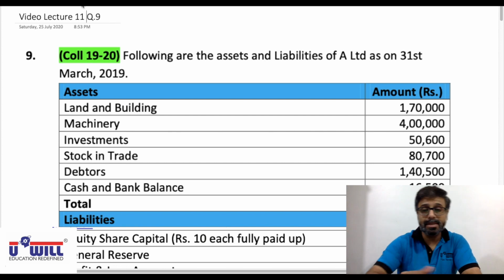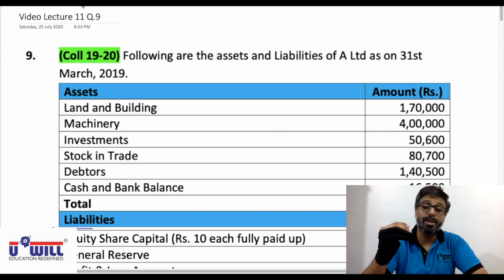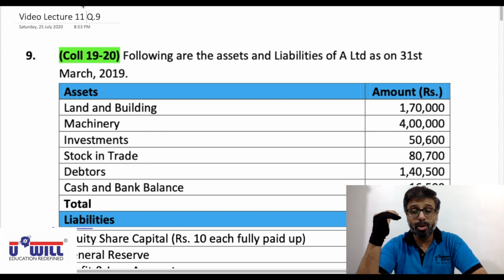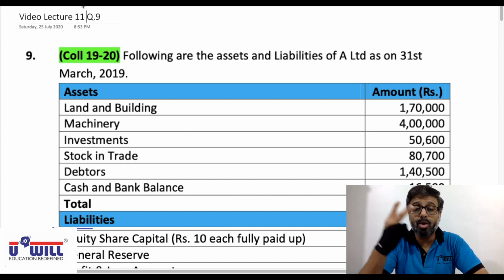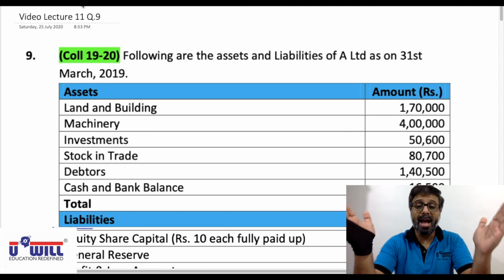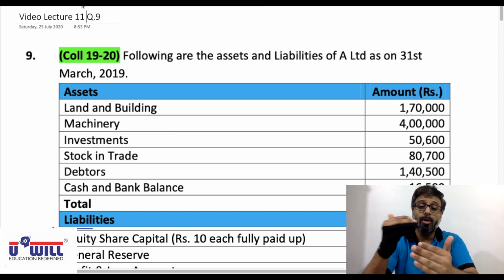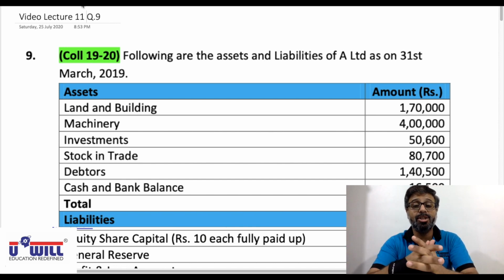Further, since the videos of this chapter, amalgamation, are very lengthy, the questions are very lengthy. As I suggested in the previous lecture also, you can watch this lecture in 2 parts or even 3 parts. Watch the understanding of the question, make the workings, pause the video, take a break, have some tea, and then come back after around 15-20 minutes or half an hour and watch the second part of the lecture.